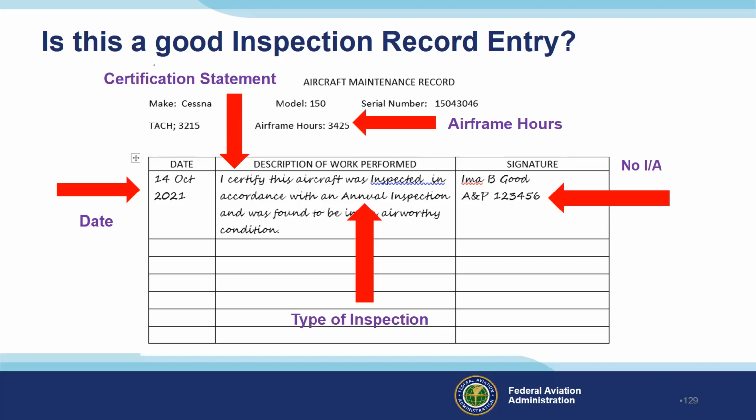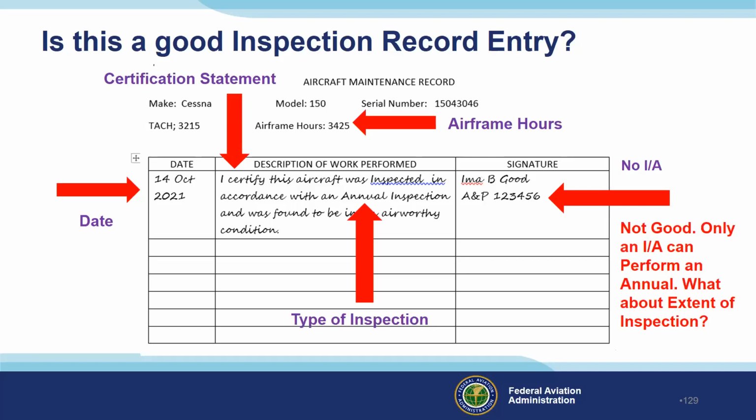And this is an annual, and this is not an IA inspector, just an A&P. So it would have been good, but it's not, because only an IA can perform an annual. Would be nice to have the extent of the inspection too, but normally annual is sufficient in the description.